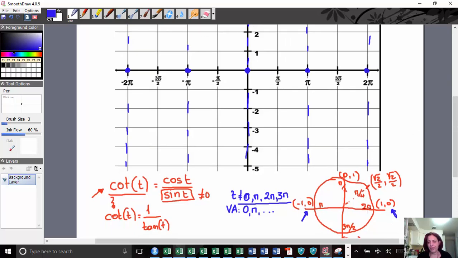So when we move from here to here, the cotangent is going to take a full range of numbers as solution. So the cotangent for the x going from the negative infinity to the positive infinity is going to take a full range of values. The period for the cotangent is pi.